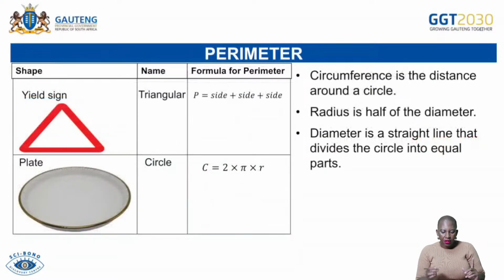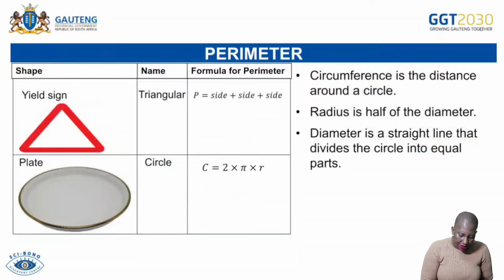Now, the other shape that you need to be familiar with is the triangle. Remember, in Maths Lit, we only have 4 shapes: a rectangle, a square, a triangle, and a circle. Those 4 shapes only. Here we have a triangle like the yield sign, when you are driving, where you yield to check if it's safe for you to turn or to cross.